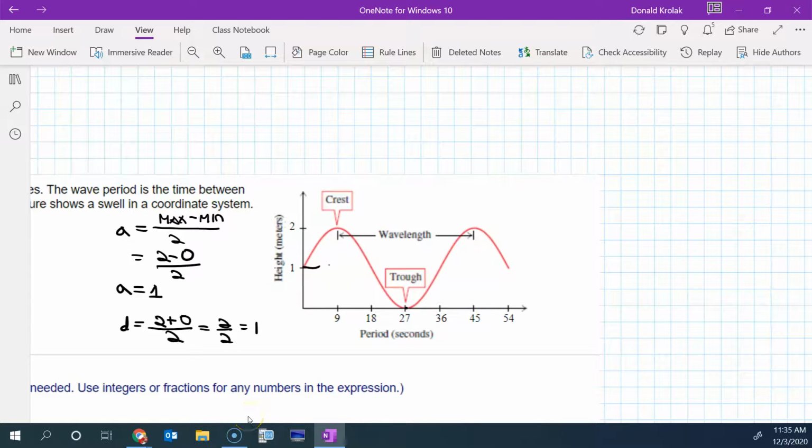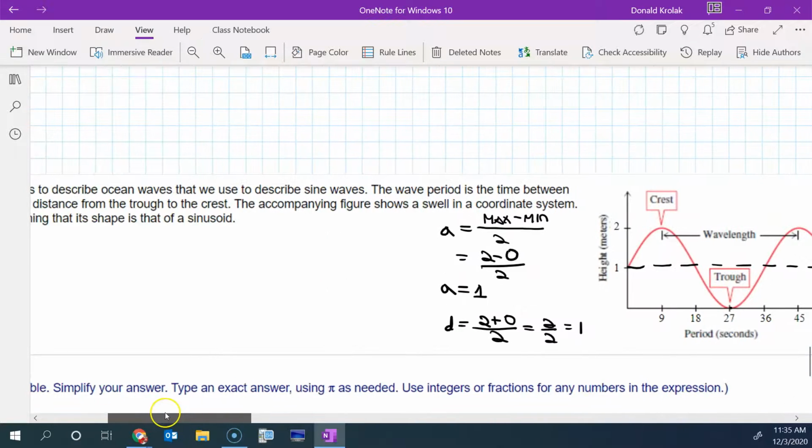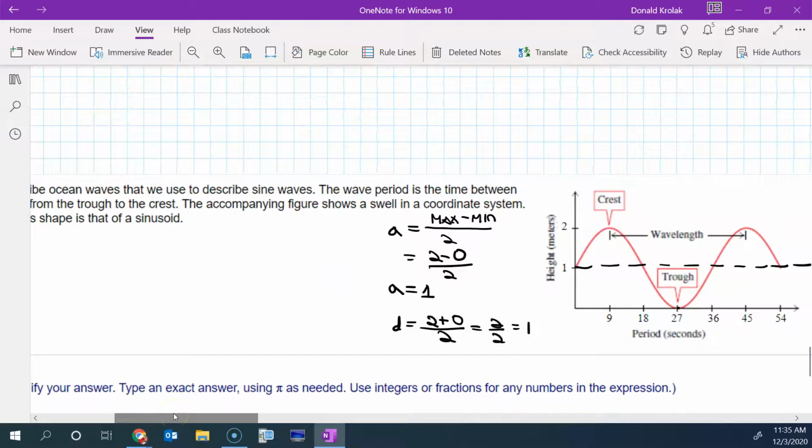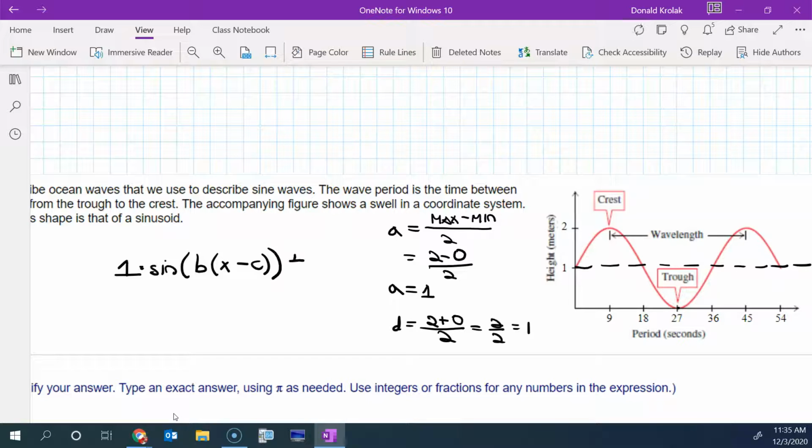So there's my midline right there. When I go to write out my formula, it's going to go 1 times sine B(x minus C) plus 1. So you really don't need that 1 out front.